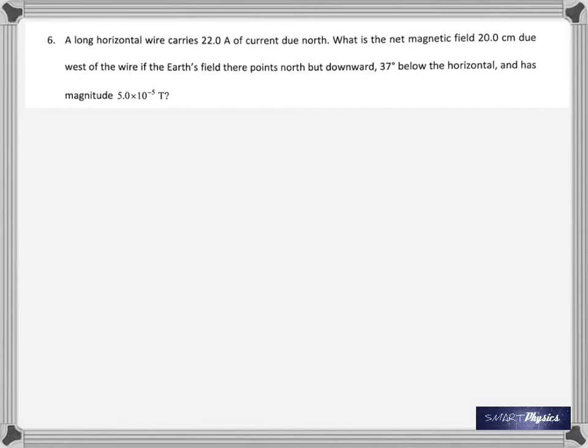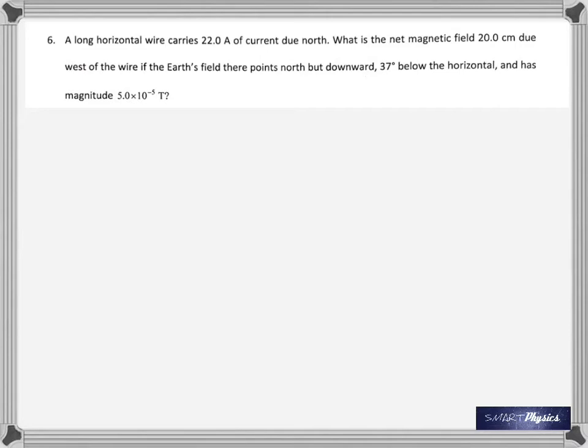You're asked to find the magnetic field 20 centimeters to the west. You can have a pen or a pencil pointing due north, and you can pick that point 20 centimeters to the west. It'll be to the left side, because the west is to the left side of the north if you're facing north. You know what I mean?